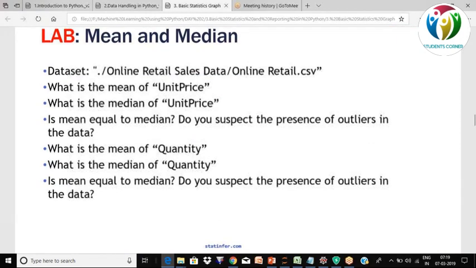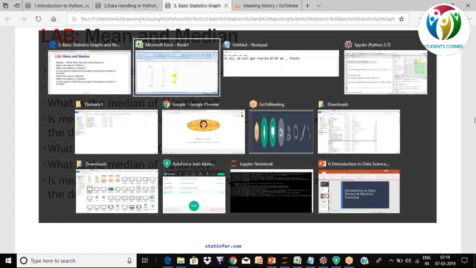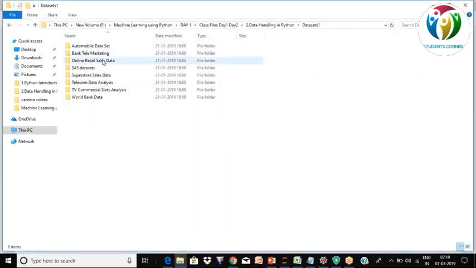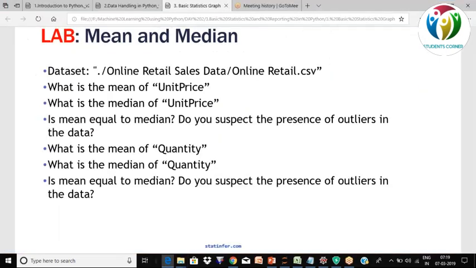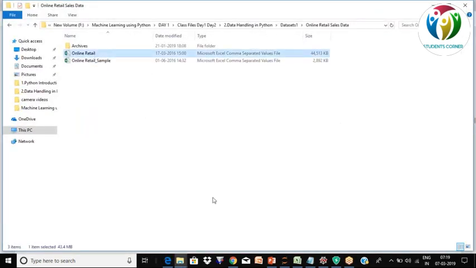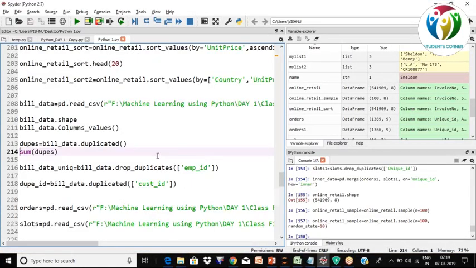Now, can you all do this? I'll give a couple of minutes. So let's go to online retail sales data. If you go to the datasets folder, online retail sales data, and in that online retail.csv, if you already have it, I hope we have written that already.